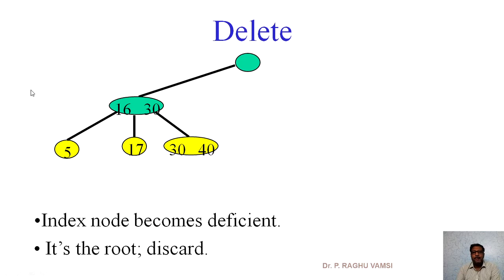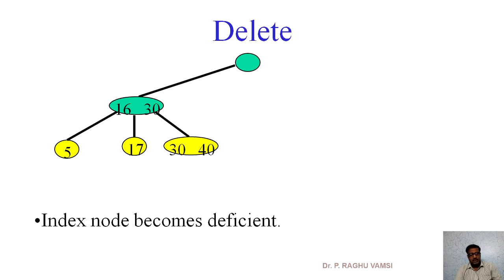Or we can say B+ tree root node is equal to B+ tree node left. So thereby what will happen? The B+ tree root node will become the left node. So this is what the B+ tree is. B+ tree is just like B trees only. There is not much difference in this.